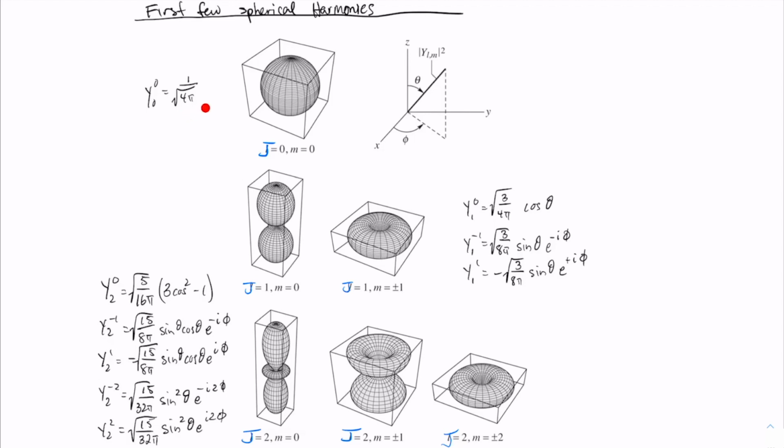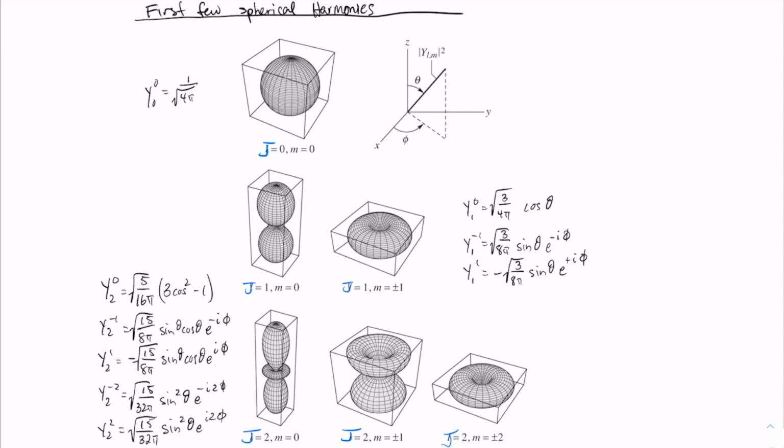Because we can do this integration easily in our heads, or maybe we know already that integrating 1 over the solid angle gives you 4 pi, it makes sense that the normalization here would be 1 over 4 pi. And so when you draw this out in this polar plot, it's all of the points that are exactly 1 over 4 pi away from the origin, which is a sphere of radius 1 over 4 pi centered at the origin here. Okay, so this is the j equals 0, m equals 0 case.